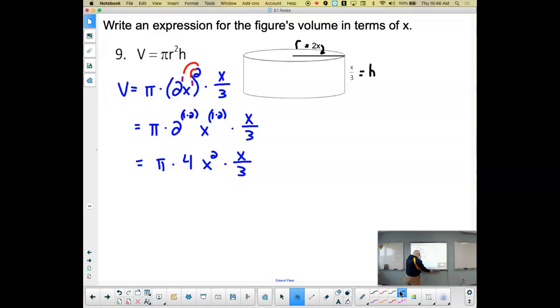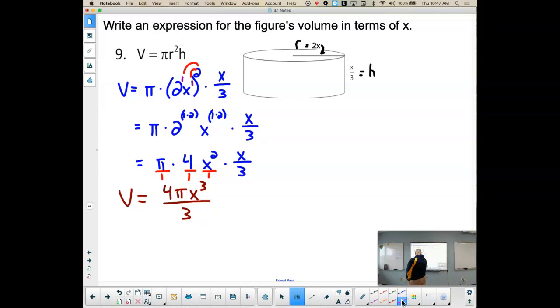So in the end, the volume here is 4 pi x cubed all over 3. All of these can be looked at as over 1, and therefore everything goes on the top. 4 goes on top, pi goes on top. x squared times x becomes x cubed.